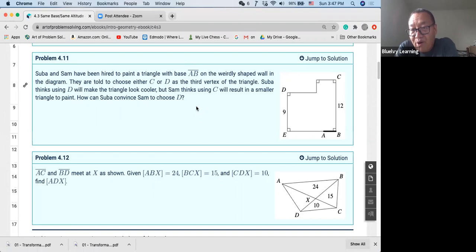Everybody try this problem. Say one person chooses D, so the triangle he will get is ABD, like this. Then Sam wants to choose C, so the triangle he will get looks like this.